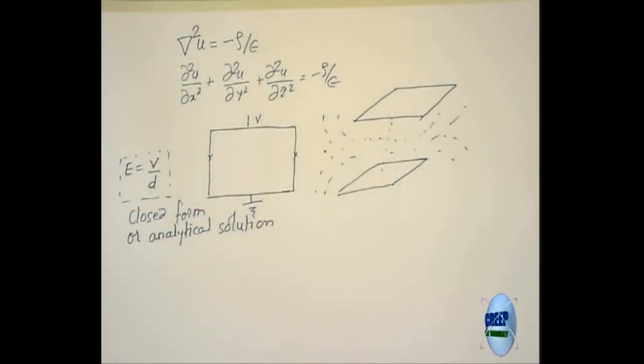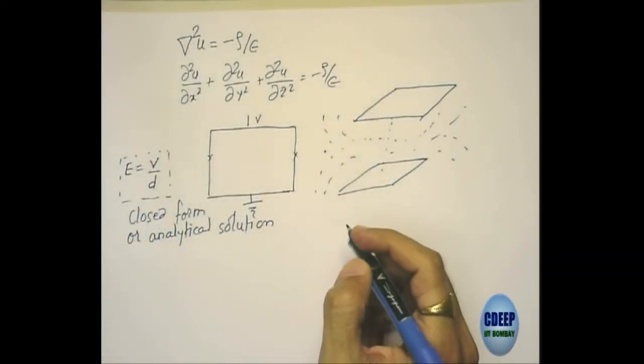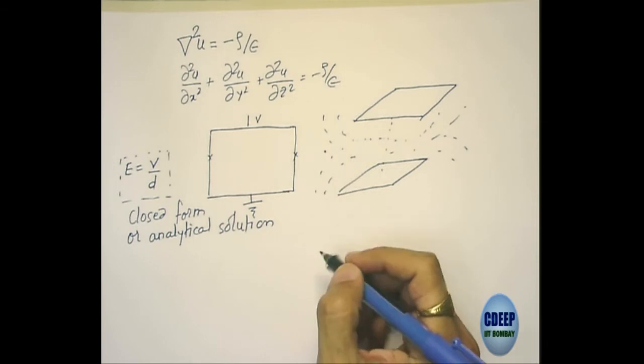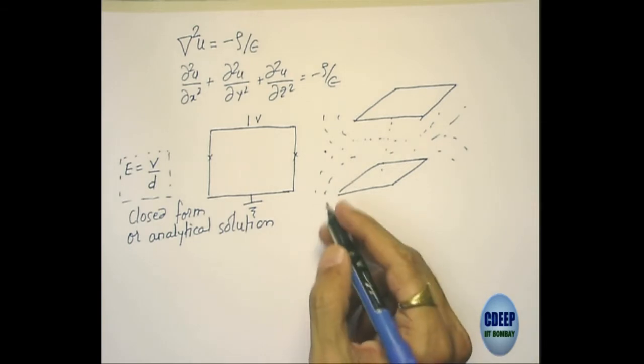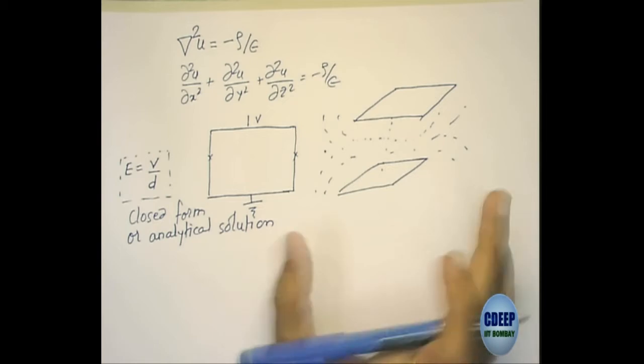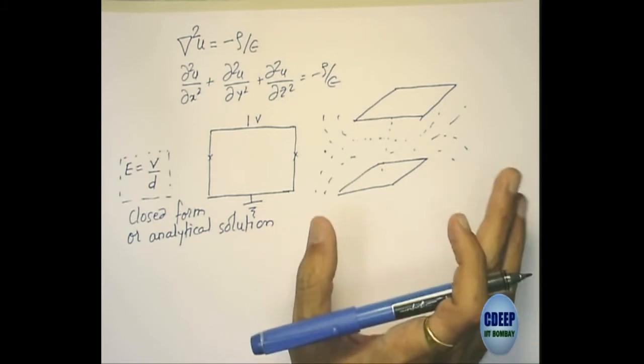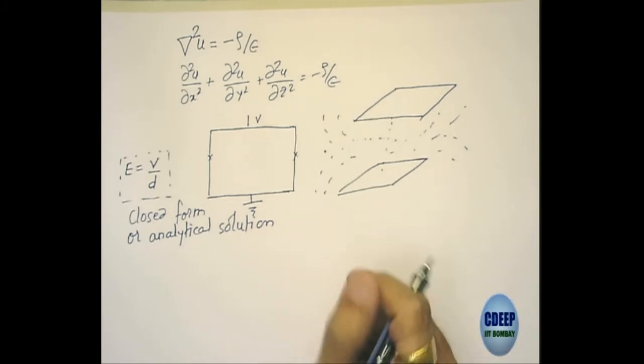The finite element method is one of the methods which is quite popular and used in both low frequency and high frequency electromagnetics to solve partial differential equations, which are derived out of Maxwell's equations.